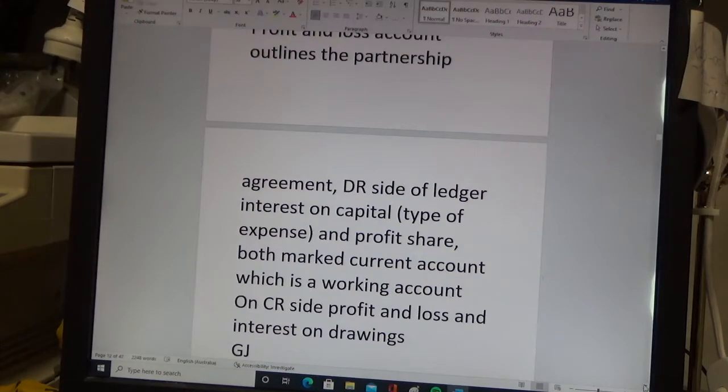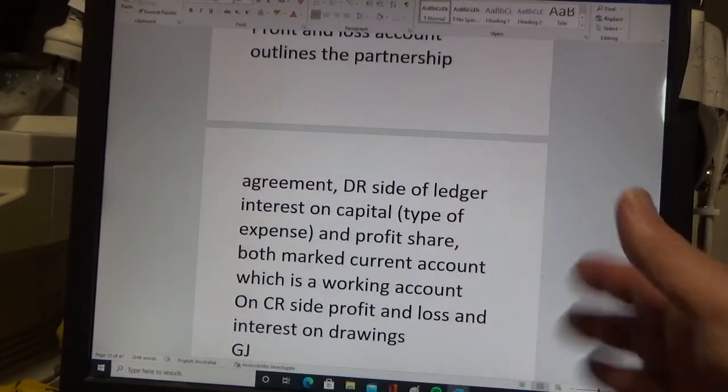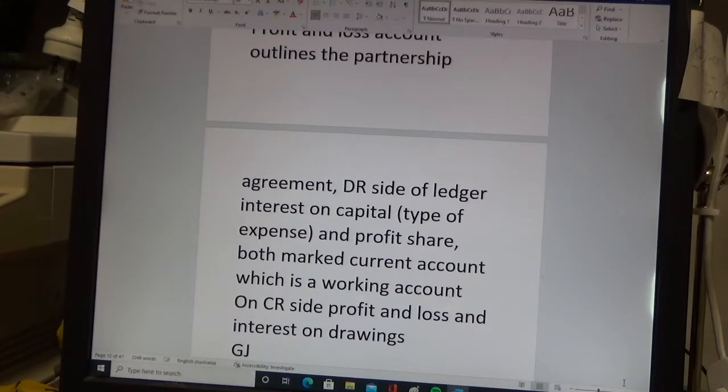Now with P&L appropriation, the debit side of the ledger is items such as interest on capital, a type of expense, and profit share, both marked current account in the general journal, which is a type of working account, a bit distant from the capital account, which is more kind of stationary with the capital structure, which doesn't change.